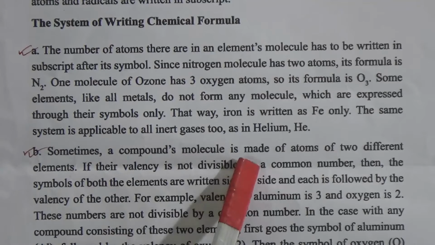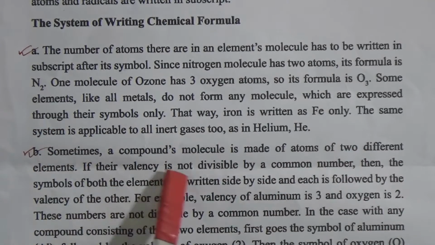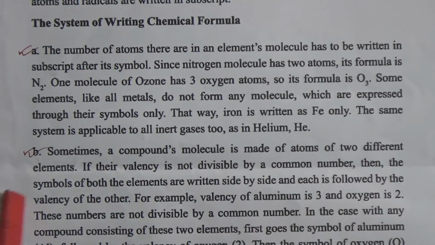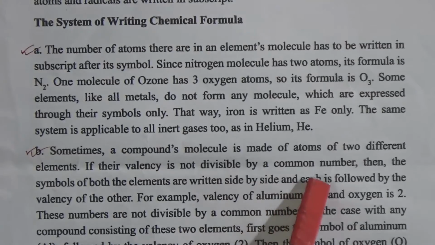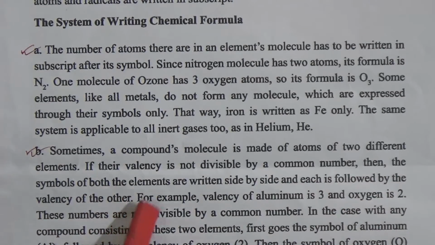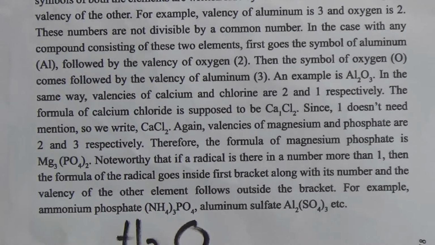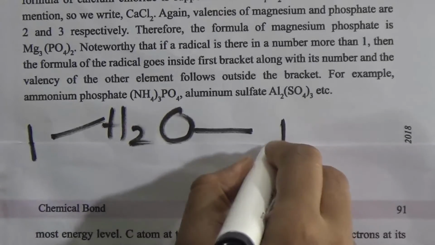Sometimes a compound molecule is made of atoms of 2 different elements. If their valencies are not divisible by a common number, then the symbols of both elements are written side by side, and each is followed by the valency of the other. That means if you think about H2O, here we know the hydrogen valency is 1 and the oxygen valency is 2.